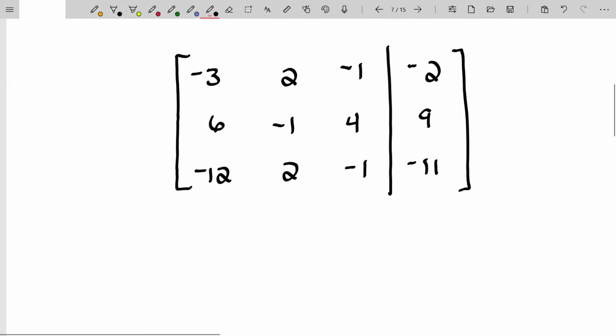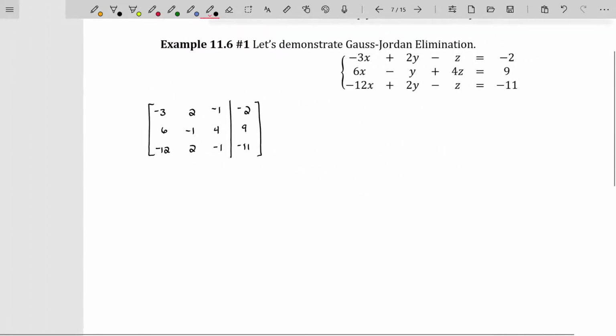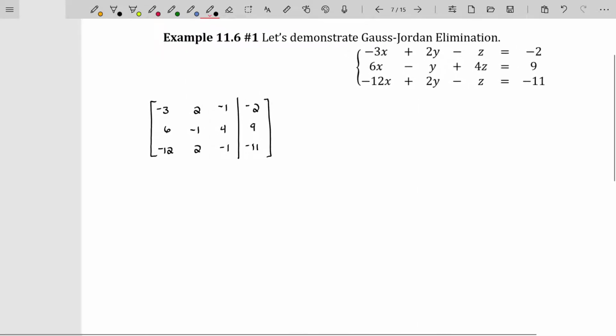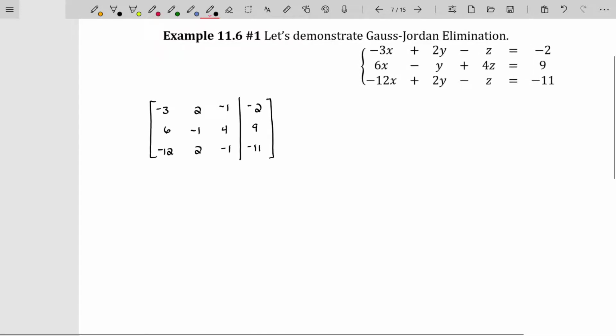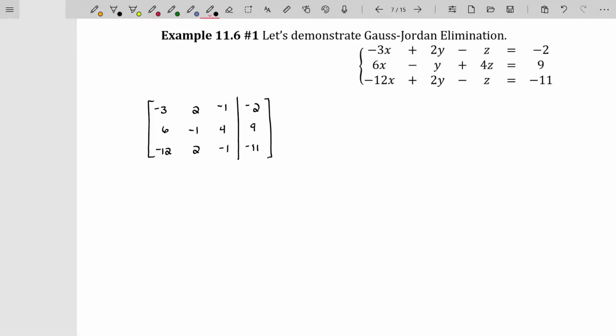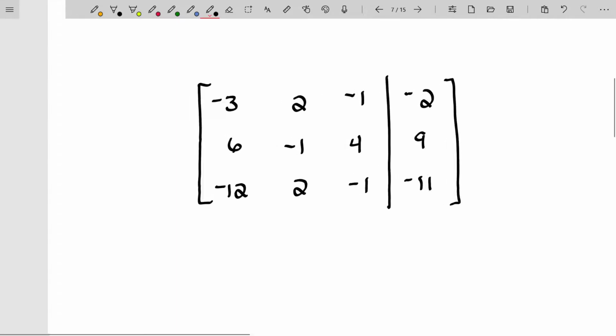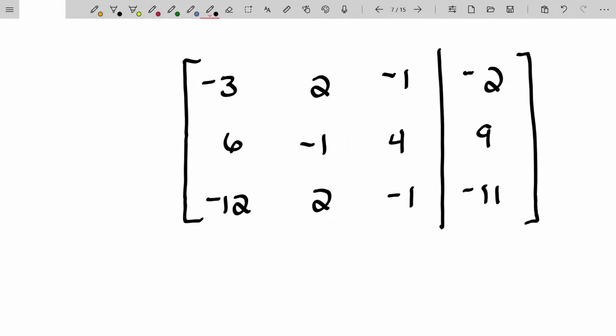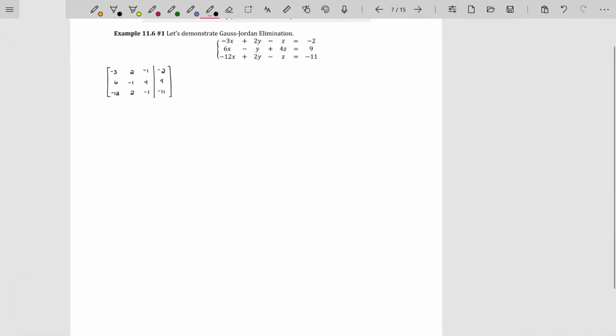So the first thing you do is you create the augmented matrix, which I did by just taking the coefficients of the equations. I took all the coefficients of x, put them in the first column, and so on and so forth. And then I have that augmentation bar, and that separates the coefficients of the variables from the constants. Now, remember, I only have 3 things I can do. It's a game, really. Our ultimate goal, let me write it at the very bottom right here.